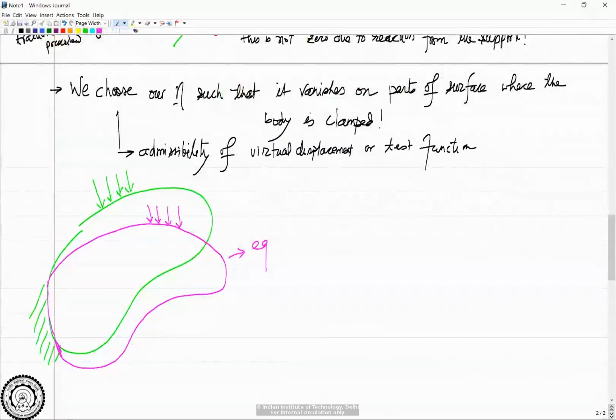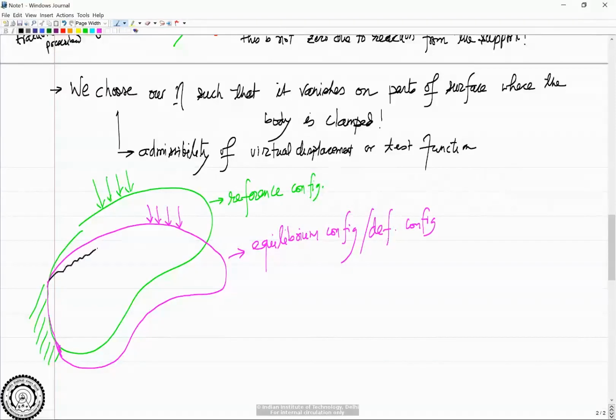So this is the equilibrium configuration, whereas the green one is the reference configuration, and the pink one is the equilibrium or deformed configuration. We are thinking of further perturbing the body from this equilibrium configuration. That will be the black one. This perturbation could be arbitrary, it could be like this also, but it has to be smooth enough.